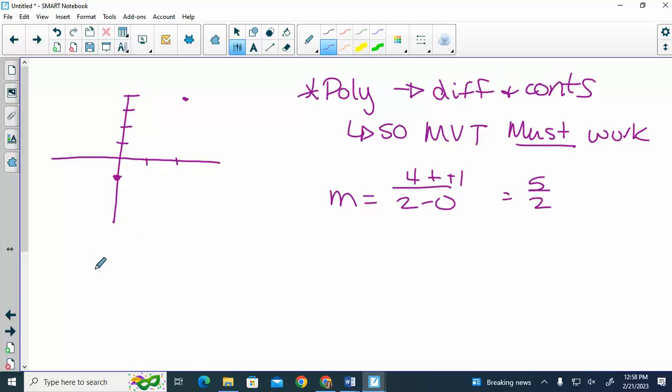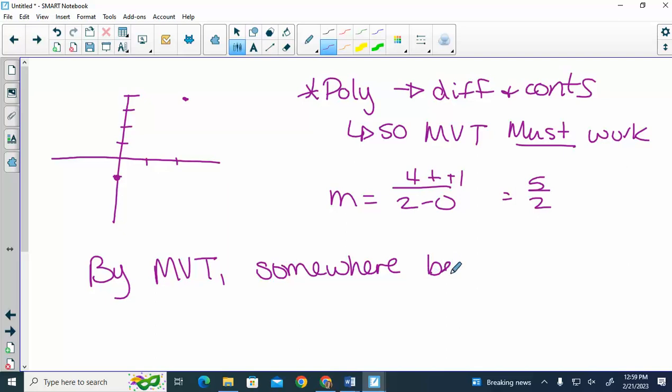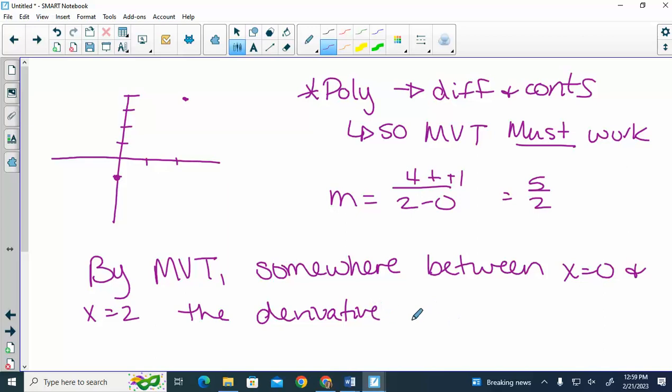So can the derivative always be less than or equal to 2? No. By the mean value theorem, somewhere between x equals 0 and x equals 2, the derivative must be 2.5.